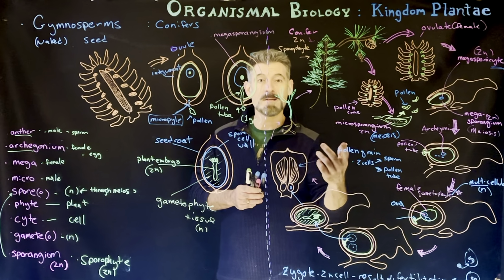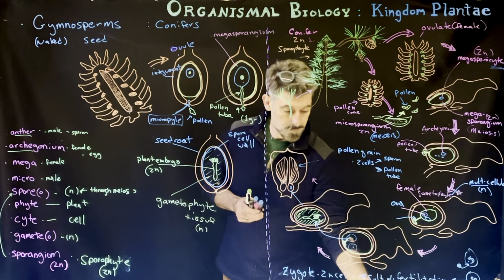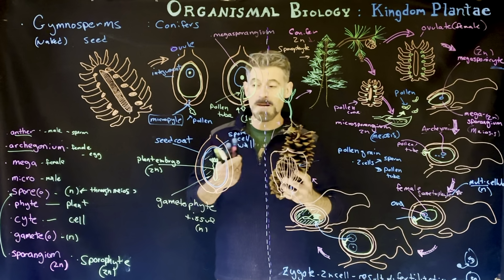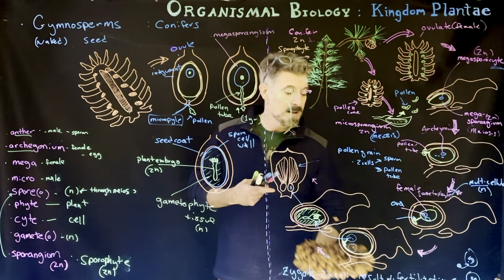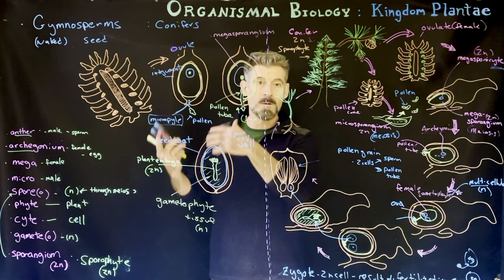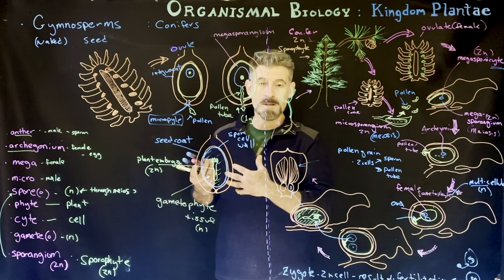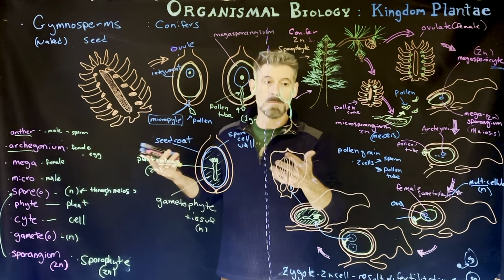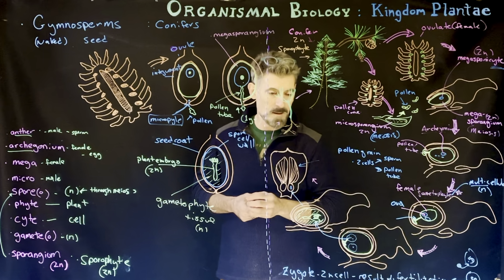And the idea is that when the plant has the cones open back up again, and wind or something else is used to disperse the seed, it can fly a lot further, or be moved a lot further away from the parent plant to reduce competition, and to then start to spread the species into more and different habitats as well.